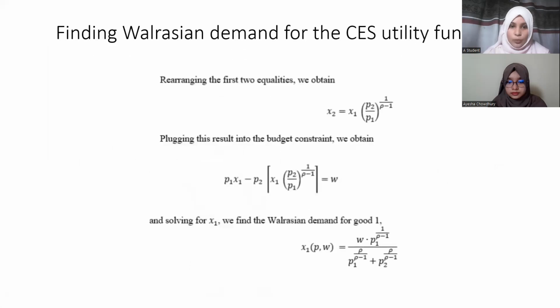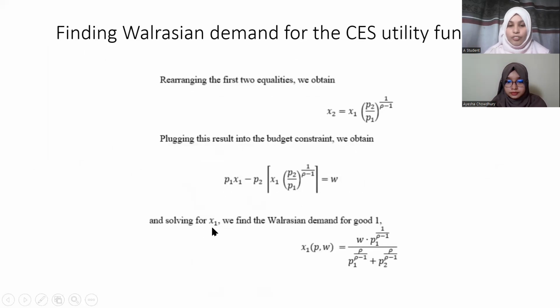Coming to the next slide, we see that rearranging the first two equalities, we obtain x2 equals x1 times (p2/p1)^(1/(rho-1)). Plugging this result into the budget constraint, we obtain p1 x1 plus p2 x1 (p2/p1)^(1/(rho-1)) equals w, the wealth level.